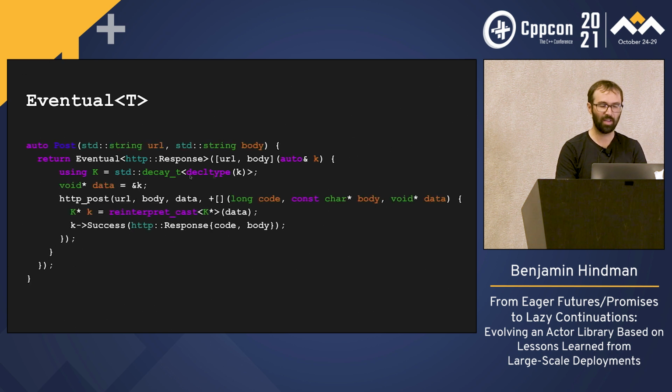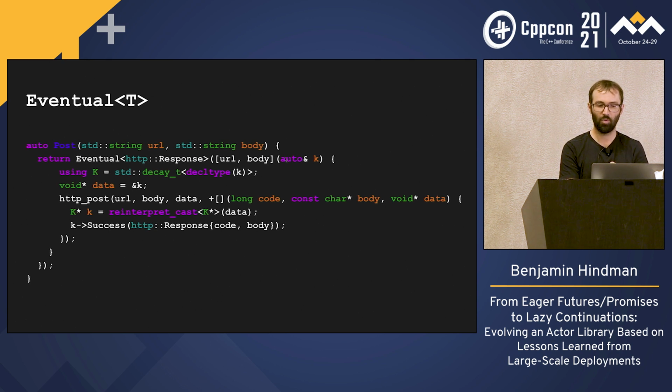Everything else looks exactly the same, where instead of us describing our continuations ourselves, we've got this nice helper object, this thing called eventual, which lets us construct what we want, where this K gets given to us at runtime when we're actually running.